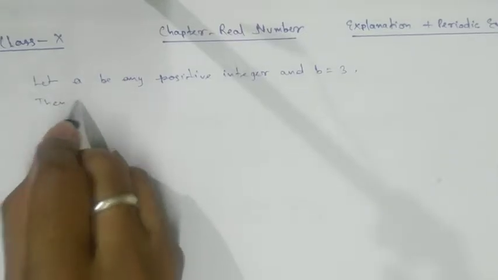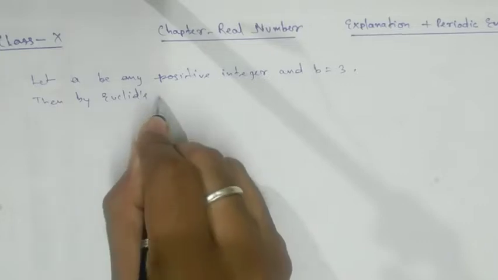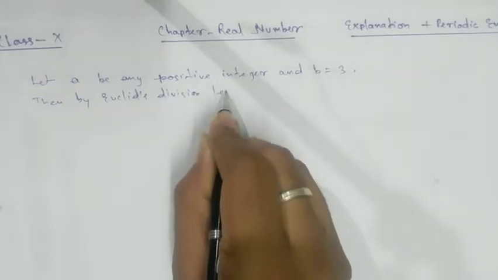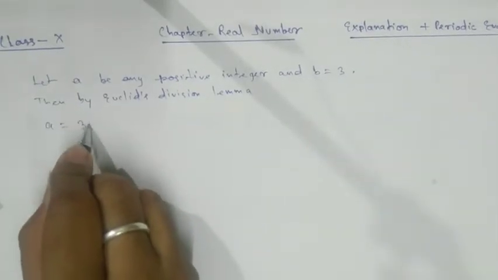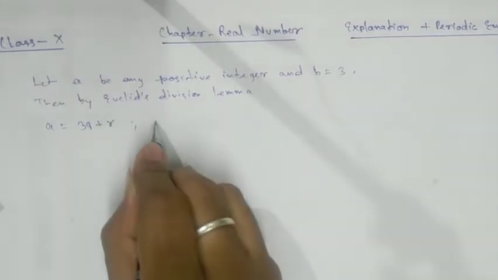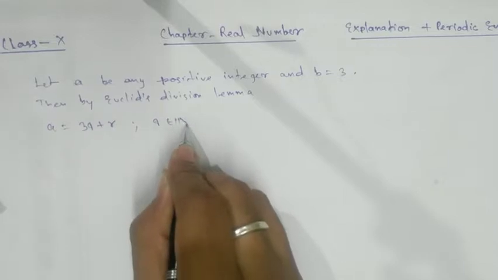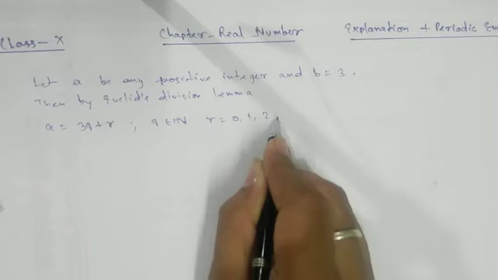Then by Euclid's division lemma, a can be written as 3q plus r, where q belongs to natural numbers and r equals 0, 1, 2.